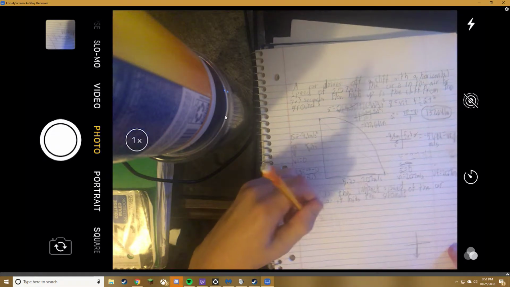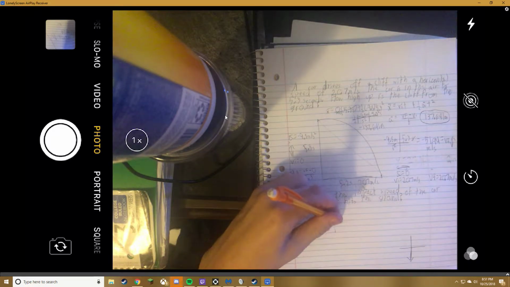So negative 51.94 meters per second. Make sure to square the actual number, not the units. So add that to 20.7 meters per second squared, and let's put that into our calculator. Negative 51.94, oh whoops, negative 51.94 squared. Actually, my bad.